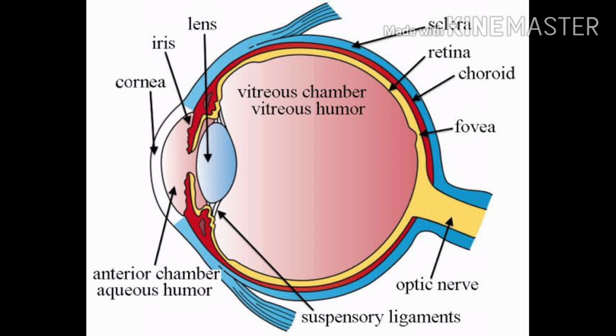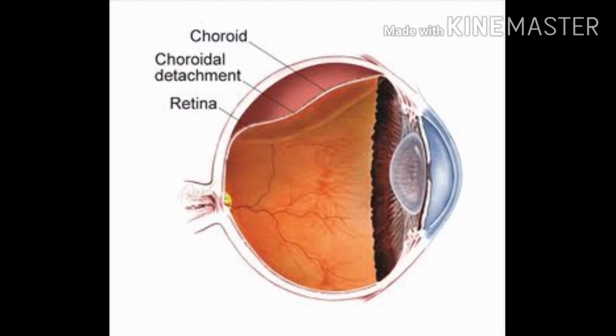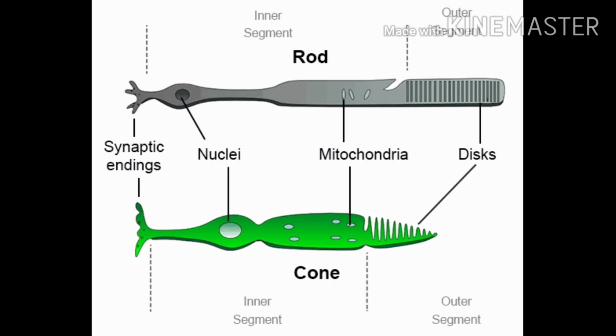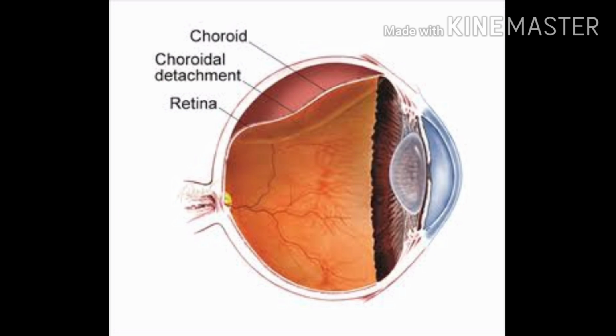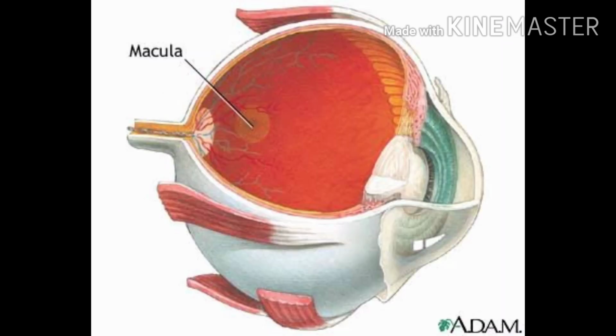The aqueous chamber is filled with a water-like fluid, whereas the vitreous chamber is filled with a jelly-like fluid. The retina contains cells called rods and cones. The area of no vision, called the blind spot, and the area of the best vision, called the yellow spot, are present in the retina. The yellow spot is also called the macula or fovea.